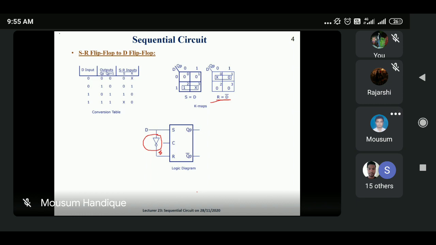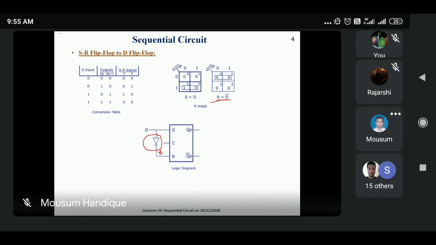Okay, so just you complete all the conversions with the help of this particular similar process. Okay, you know how we can construct the excitation table. You know also what is the state table of SR and JK, and this way we can complete the conversion of flip flops.